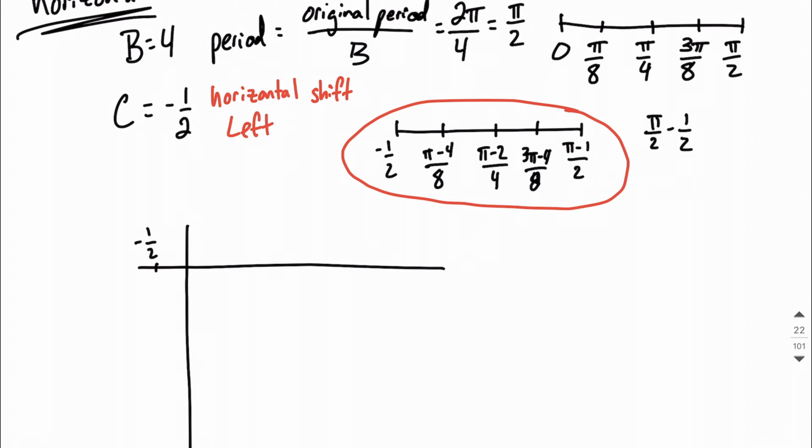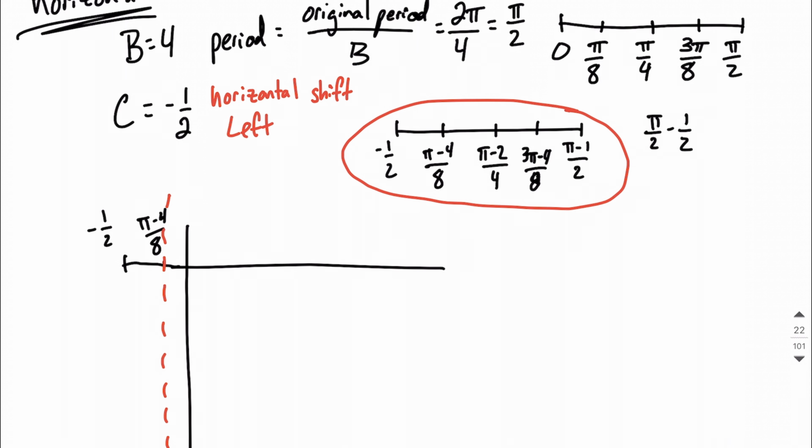And then I'm just going to kind of label these as I go through so you get an idea of where everything's at. All right, actually, I'm going to move -1/2 over just a little bit because it works out that pi minus 4 all divided by 8 is also a negative value overall. So -1/2. And then we're going to get a vertical asymptote at pi minus 4 divided by 8. Kind of put in a vertical asymptote here.